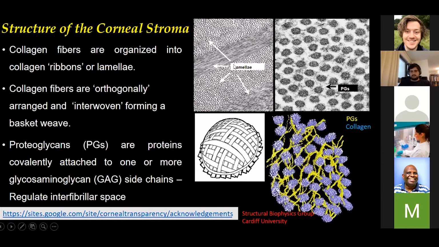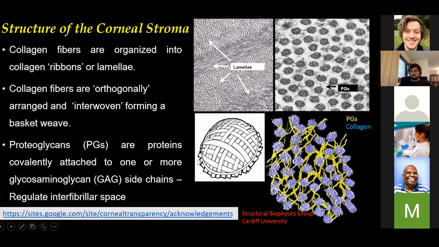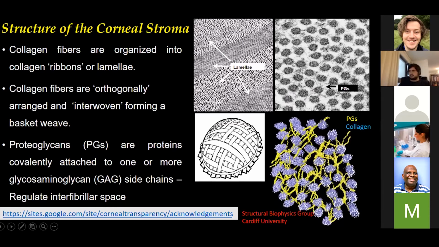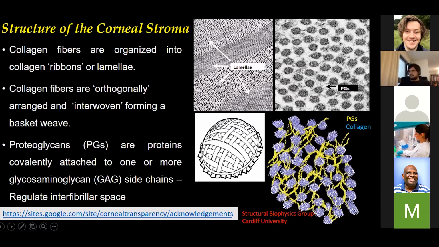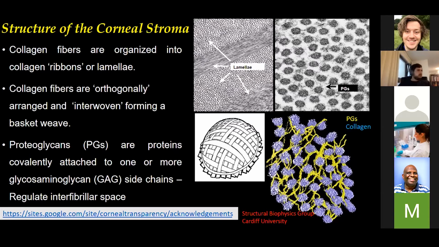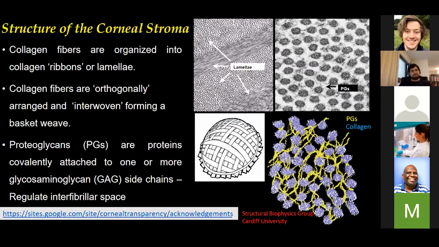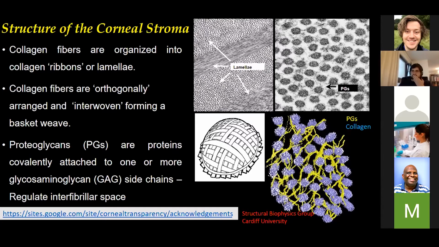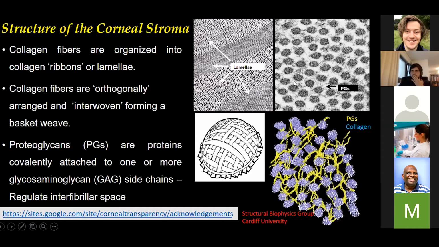These fibers are orthogonally arranged and form a basket weave. In addition to the collagen, we have the proteoglycans, which are proteins covalently attached to one or more glycosaminoglycan side chains. These proteoglycans are very important in regulating the interfibrillar space, so the space between the collagen.